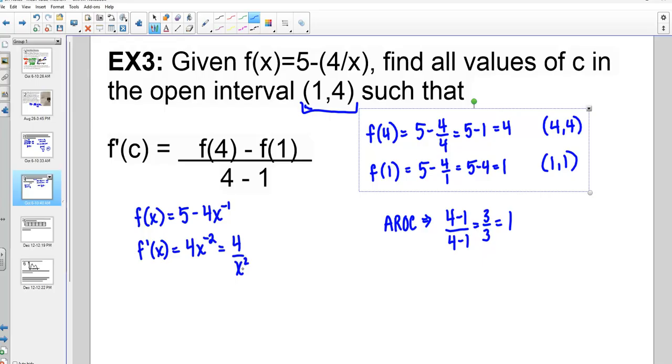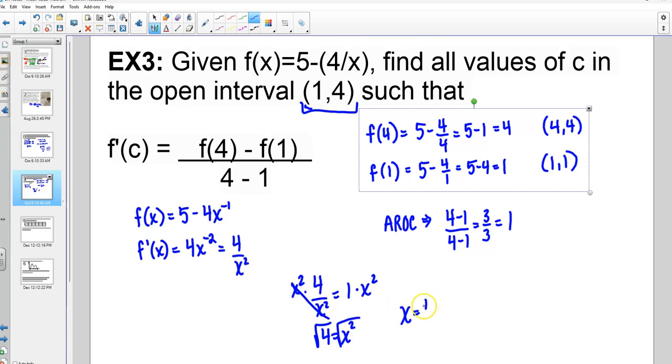And so, again, we're trying to find the values that make it true like we were on the last problem. So we're going to set these two equal. 4 over x squared equals 1. Can't solve for an x squared while it's in the denominator. Multiply both sides by x squared. So 4 will equal x squared. We will square root both sides.